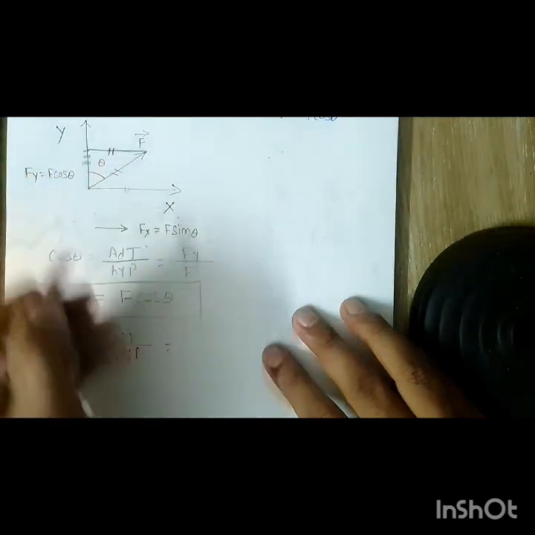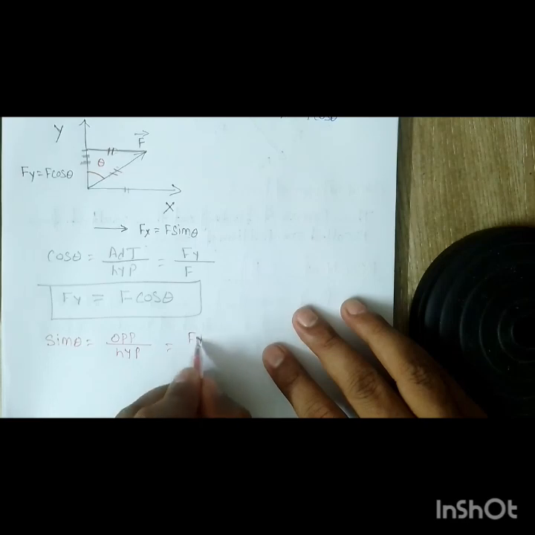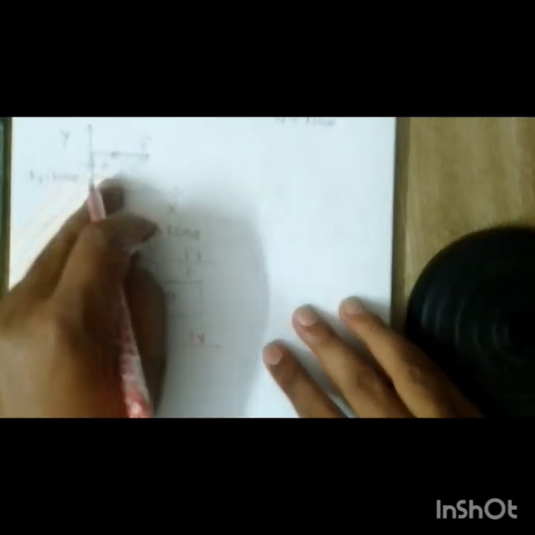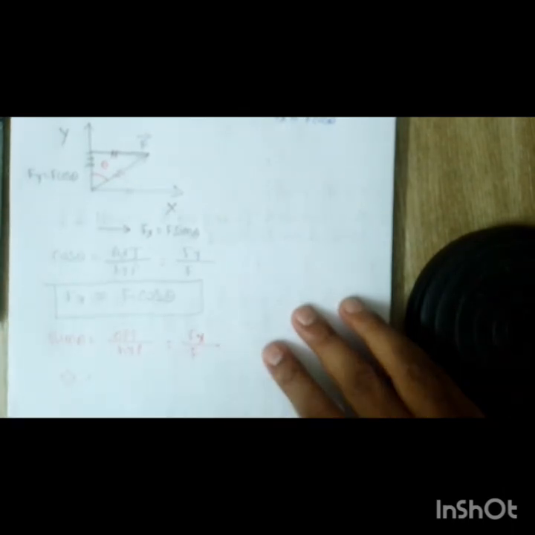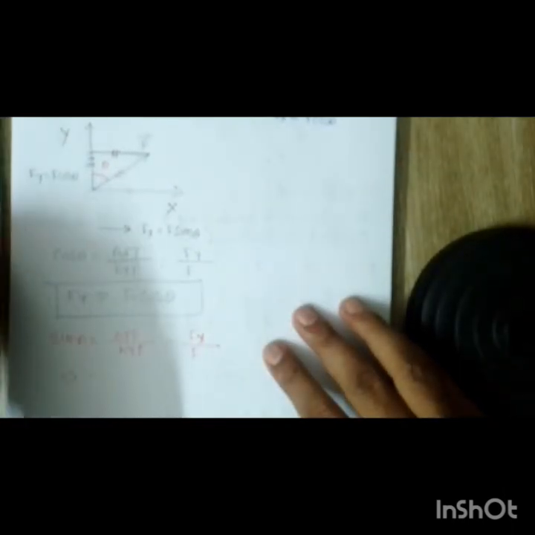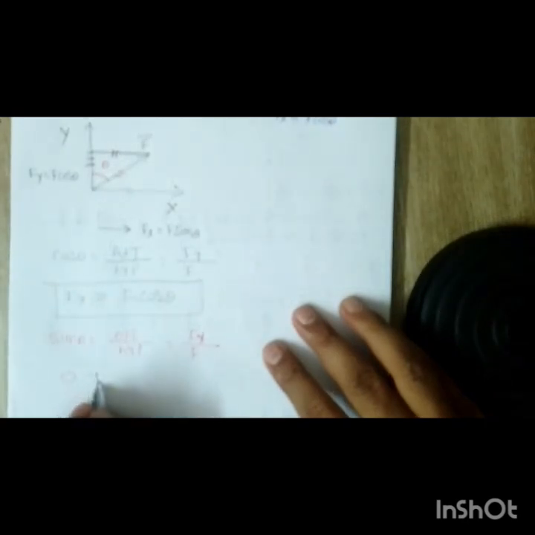And the opposite is fx in this case, when the inclination is with the vertical, and this is the f. So when you cross multiply, fx is equal to f cos, sorry, I'm very sorry, f sine theta.